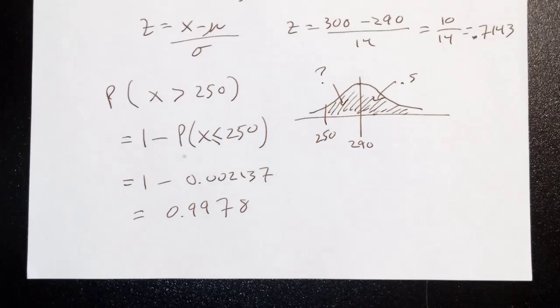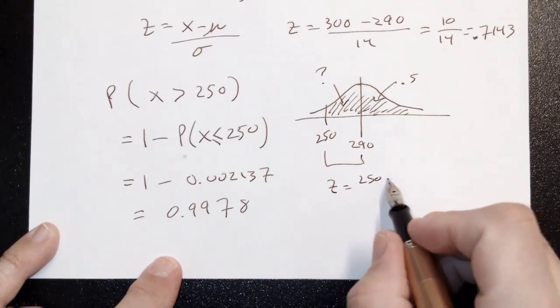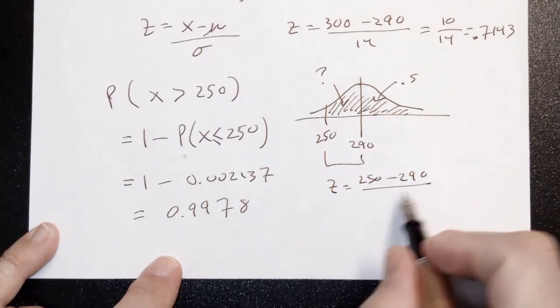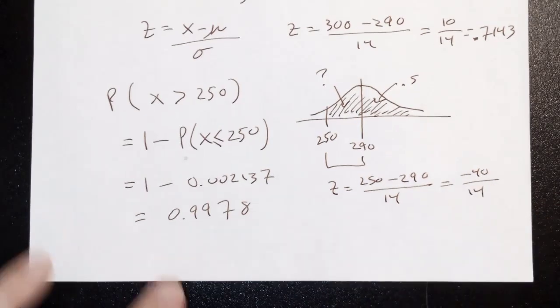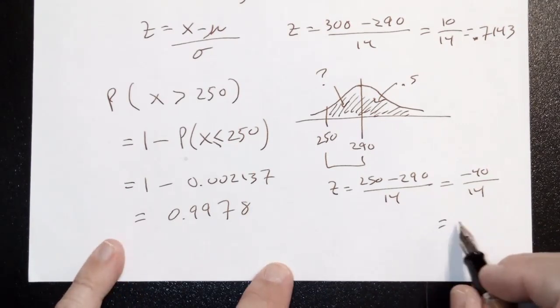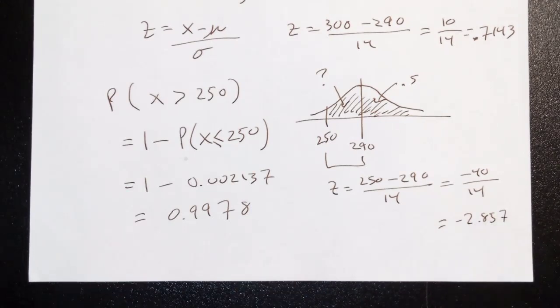The picture is symmetric. So if I take a z-score here, what do I get? I'm going to call that 8.6 for the moment.